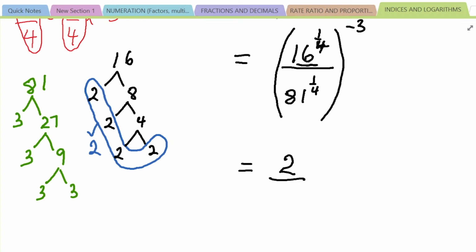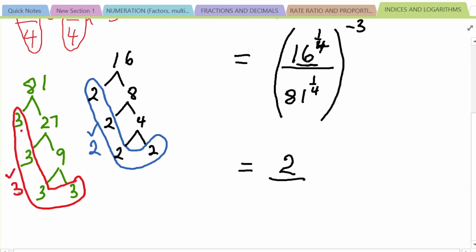And if you look at these figures, since we are finding the fourth root of 81, we group these factors in groups of 4, and it's 1, 2, 3, 4 factors. We only choose 3. So the fourth root of 81 is 3. We solved that one also. So it's going to be 2/3. This is to the power negative 3, like that.